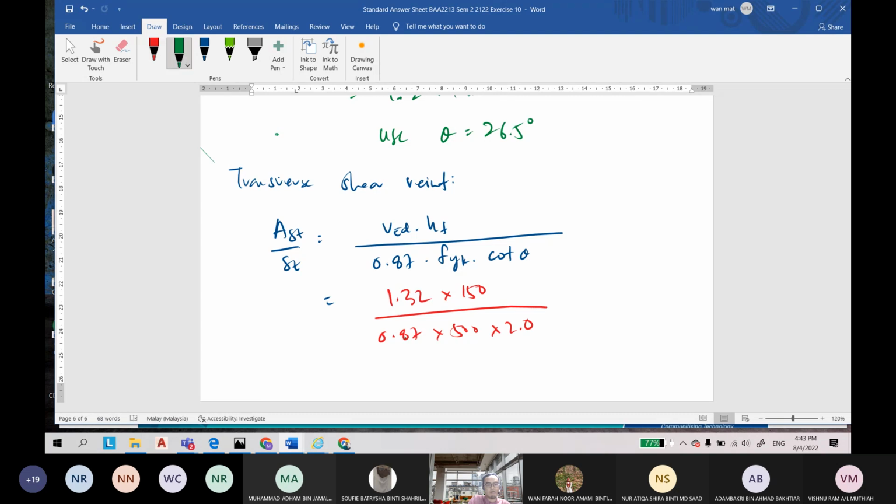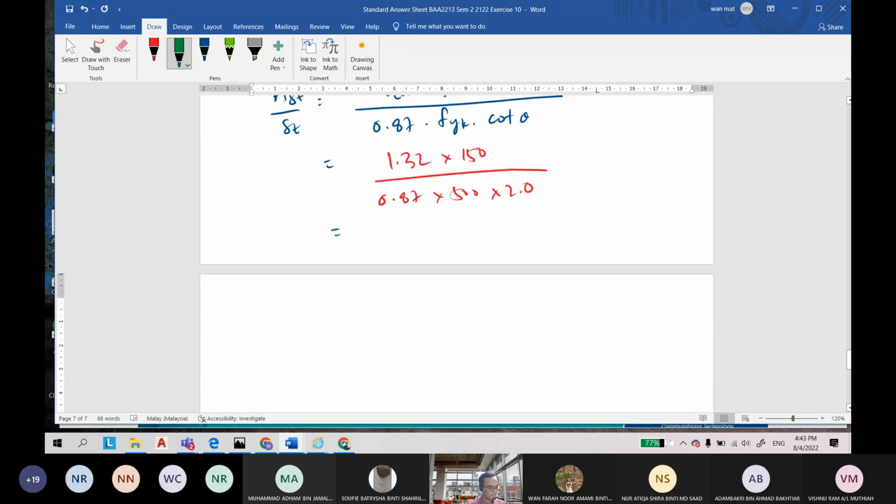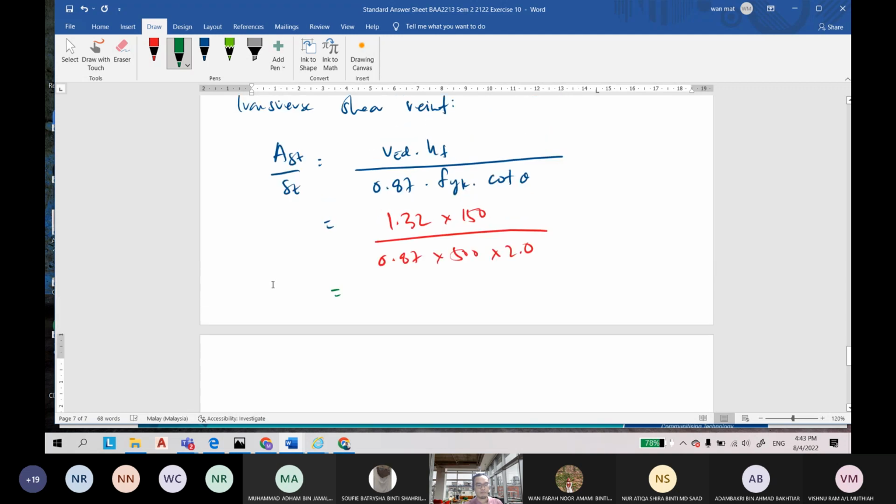Okay, what is the value of AST over ST? Any answer? 0.24. Okay, thank you, 0.24.